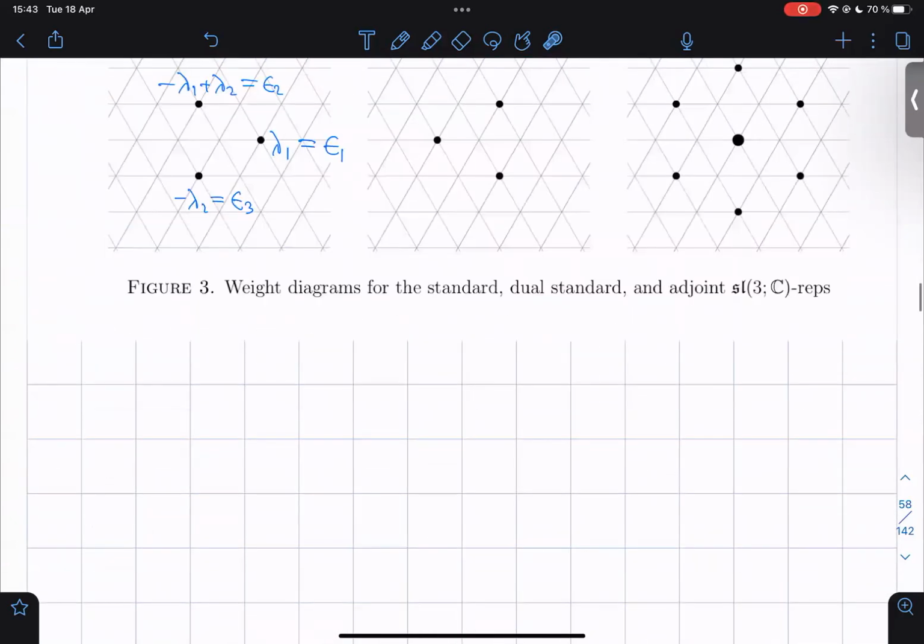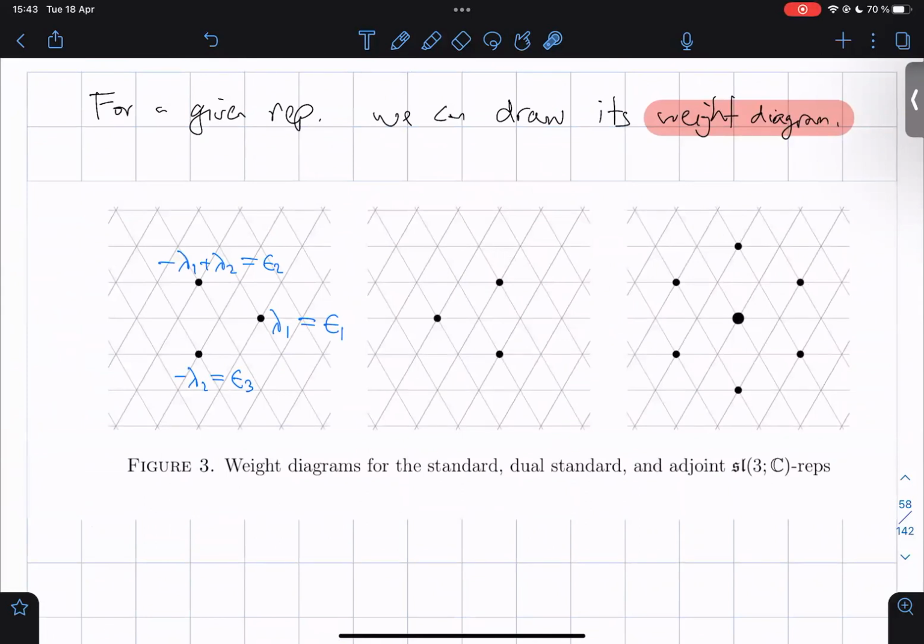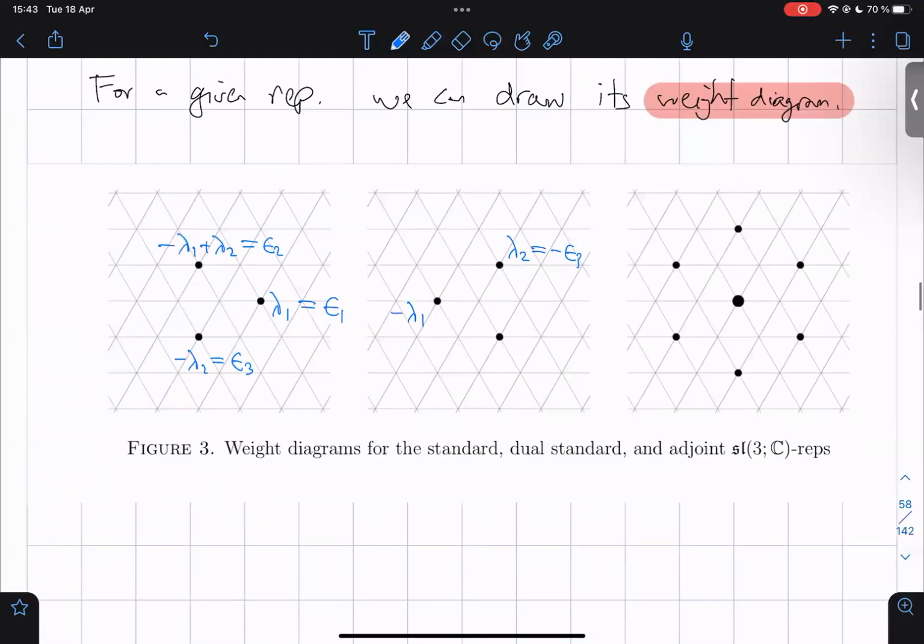So let's go to the dual standard. Here we have lambda 2, which is minus epsilon 3. This is minus lambda 1, which is epsilon 1.